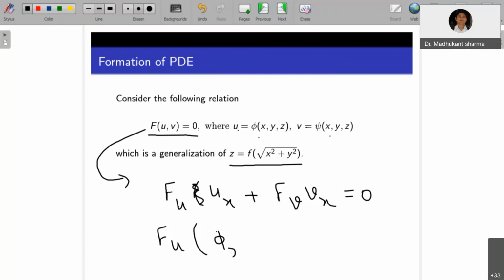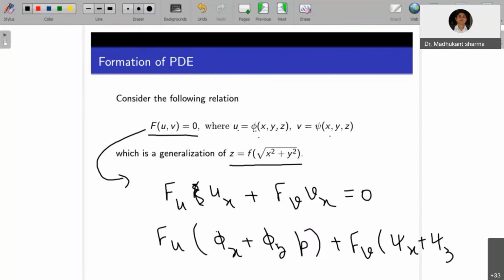So we get ux plus uy with respect to y times y with respect to x, plus uz times z with respect to x. That is zx, which we have denoted by p. Plus fv times vx plus vz p equals 0.